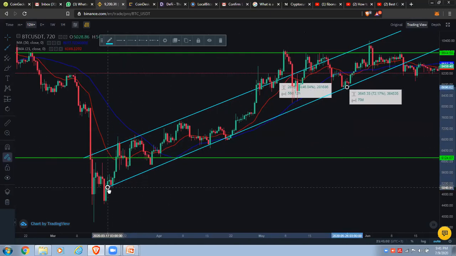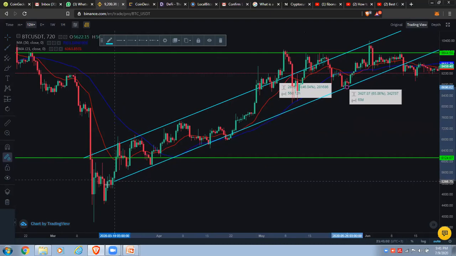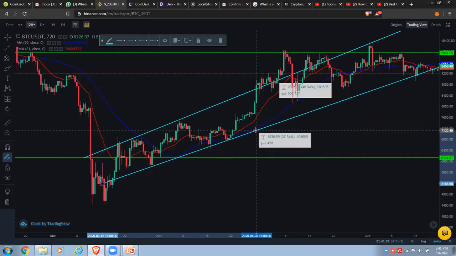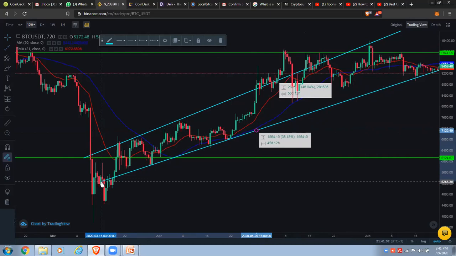This one shows you how to pick the low areas. I'll teach you so many other styles of trading. You don't have to rely on one. So you see, the price was traveling along this channel until we broke above.